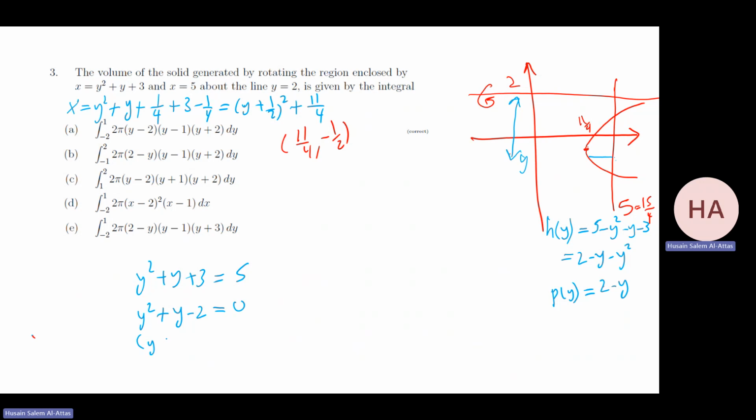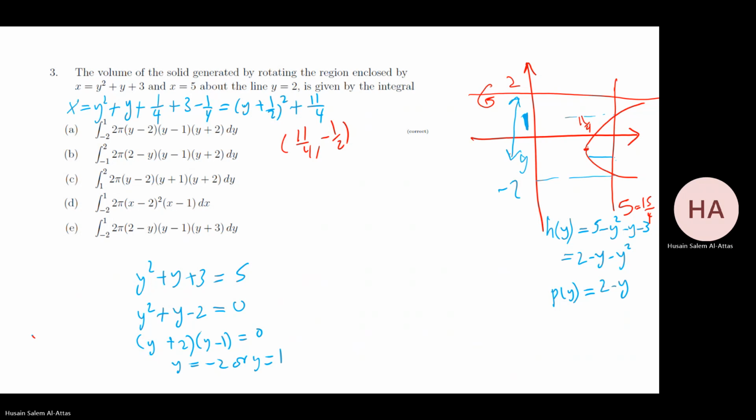So I have y plus 2 times y minus 1 equals 0. So I have y equal minus 2 or y is equal to 1. So this will be minus 2 and this will be 1. Oh, sorry. This is minus 2 and that is 1. Positive, negative, okay.